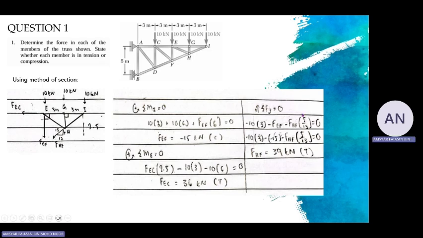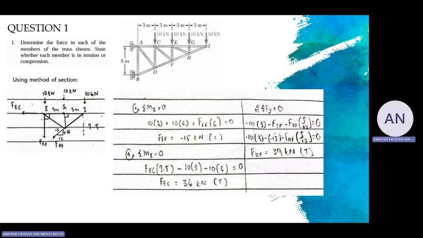Using another formula, sum of Fy direction, we assume that if the force is going upward, it is a positive value. So the sum of Fy is equal to 0. Around the section that we draw in the free body diagram, we get minus 10 times 3, because there are three 10 kilonewton forces, minus FEF and minus FHF times 5 over 30.